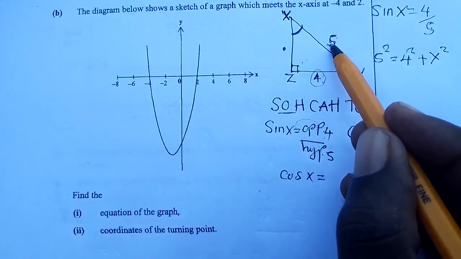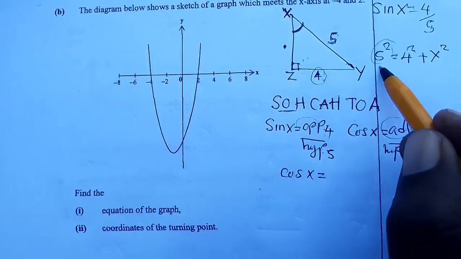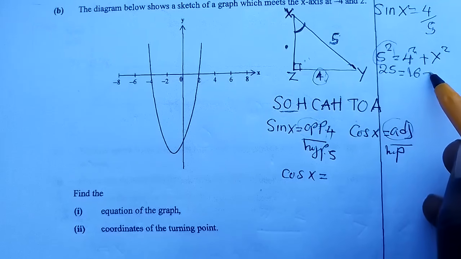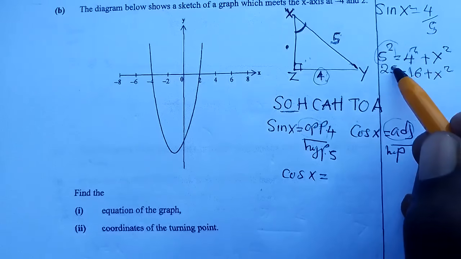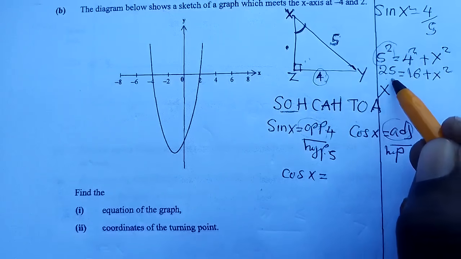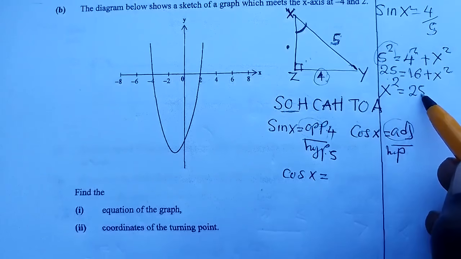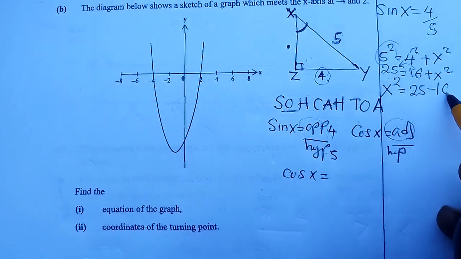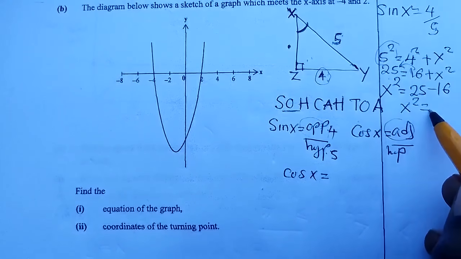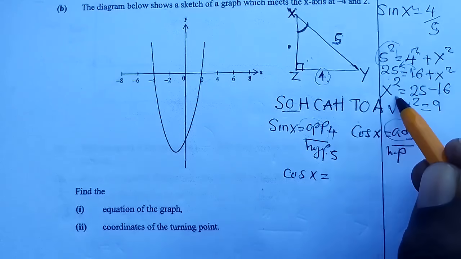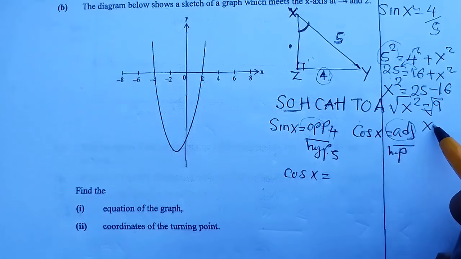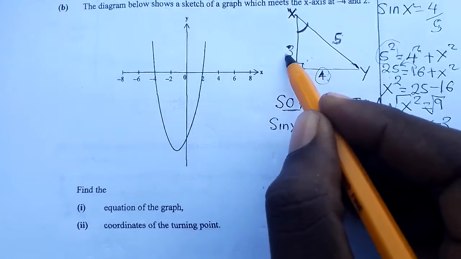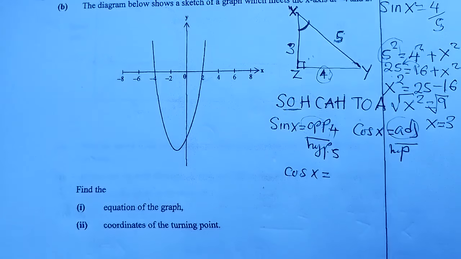So 5 squared is 25. 25 is equal to 4 squared, which is 16, plus x squared. This one will go to the other side, so x squared is equal to 25 minus 16. I'm going to have x squared equal to 9. You introduce the square root, so x there is 3. I'm only interested in the positive, so I get 3.